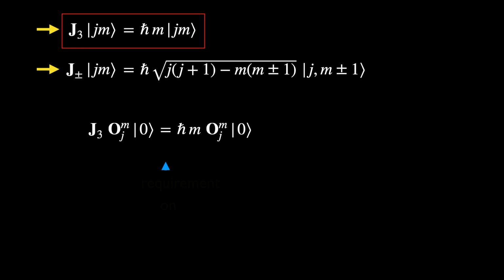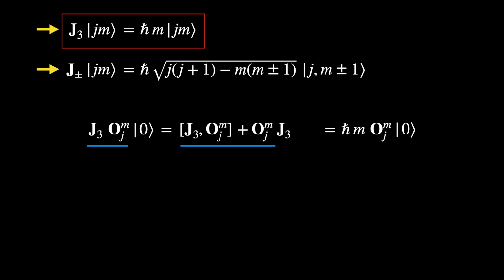The operator OJM must satisfy this equation. We can write this in terms of the commutator between J3 and OJM. Note that J3 acting on the zero angular momentum state just gives 0. This leaves just the commutator.